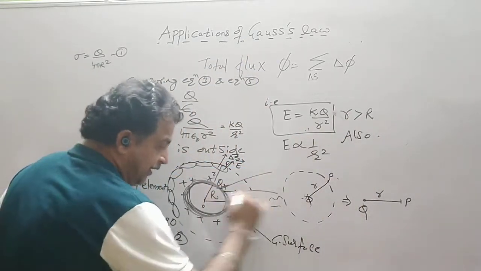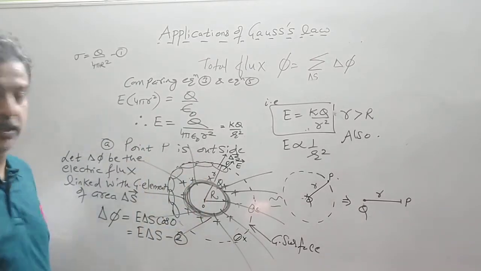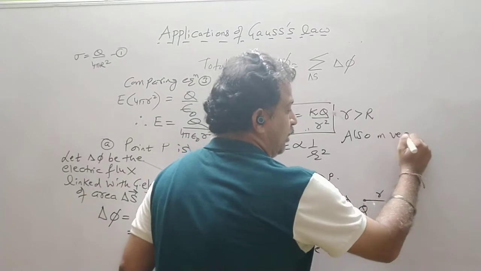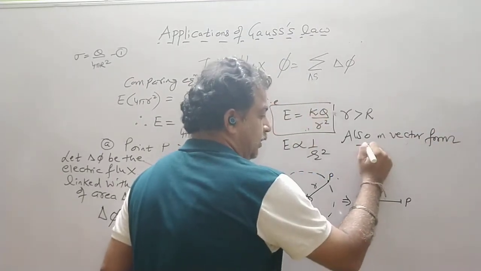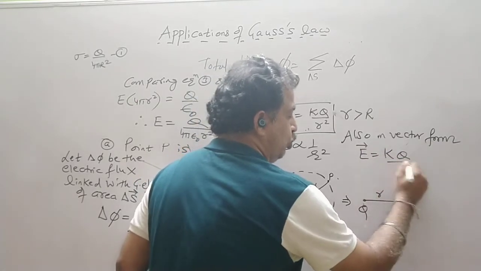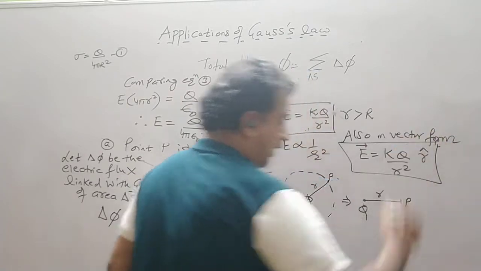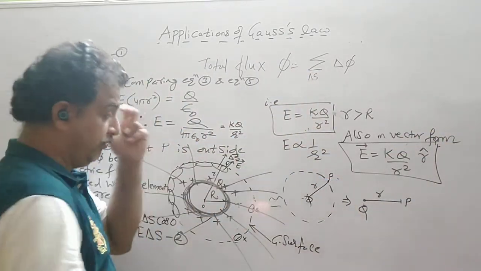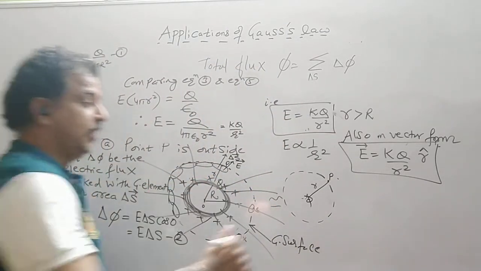Also, the electric field lines are radially outward. These are the electric field lines radially outward. We have a positive source. So in vector form, E vector can be written as kq upon r square, r cap. This is the derivation we had for the point charge when we introduced the concept of electric field intensity.